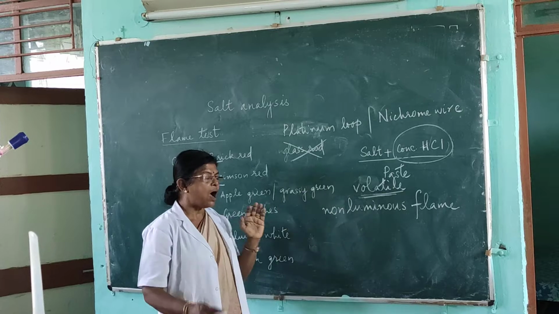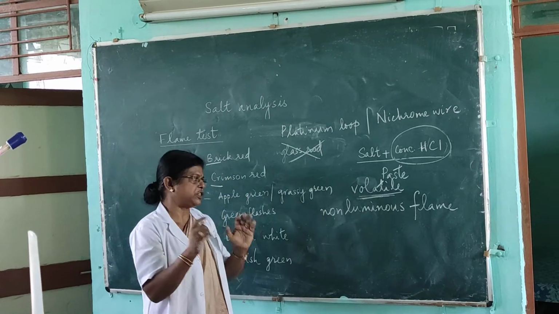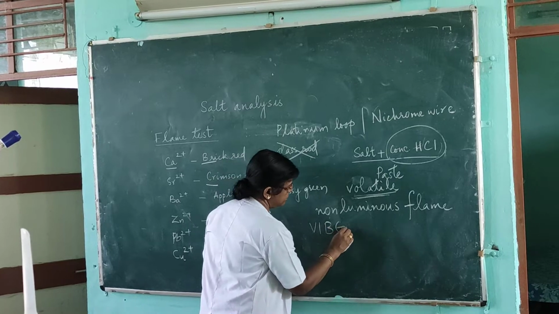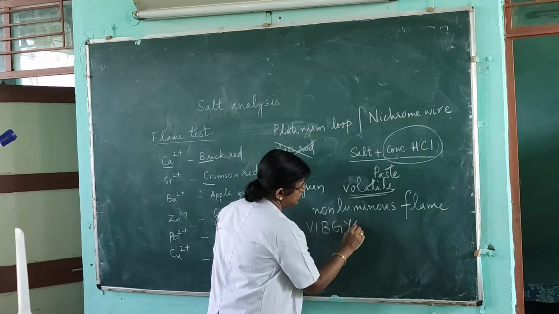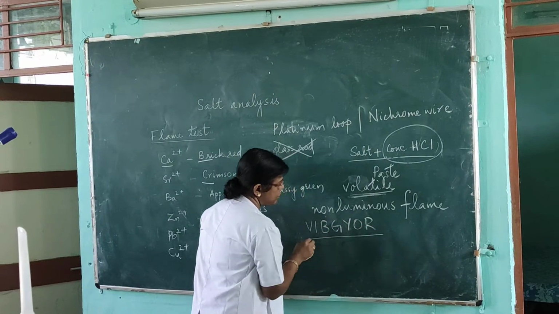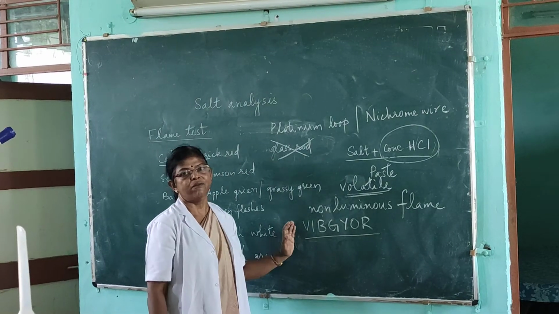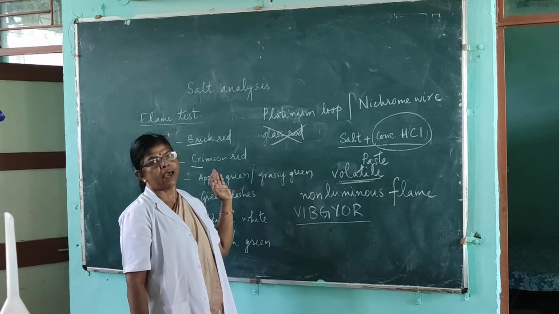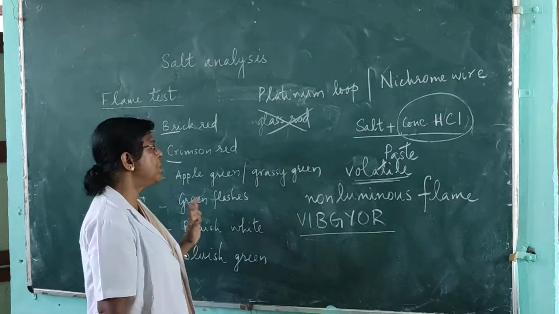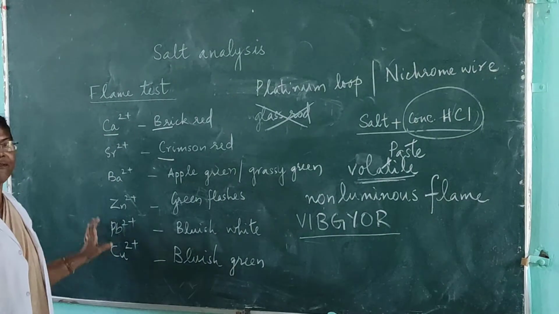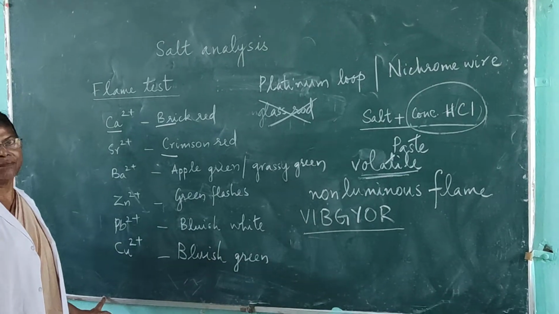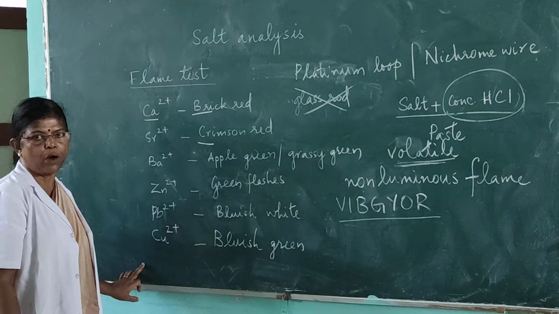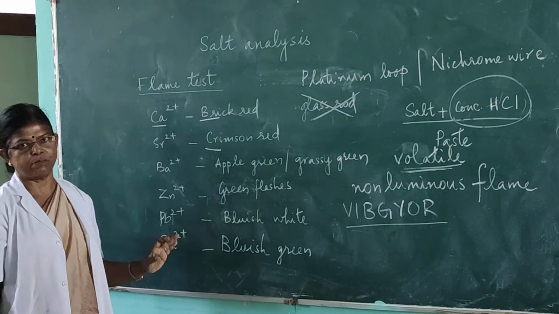Our eye has limitations. We can see only VIBGYOR. Only these ions are in our syllabus, so you have to look for only these many ions by doing a flame test.